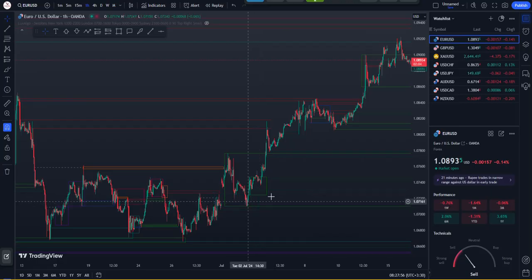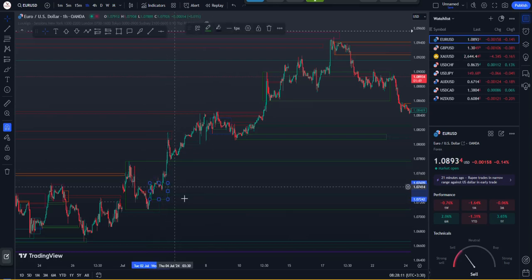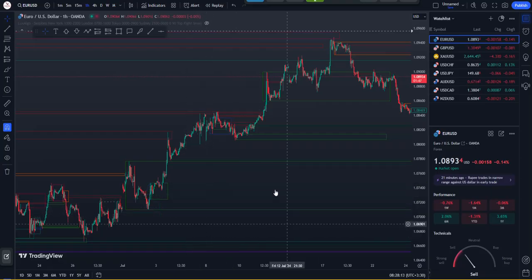Maybe price wants to go back to this level, but the wall of that is my area of interest, not from here actually. It started from this level here, not this one either. It started from these levels here, and actually it stops here.